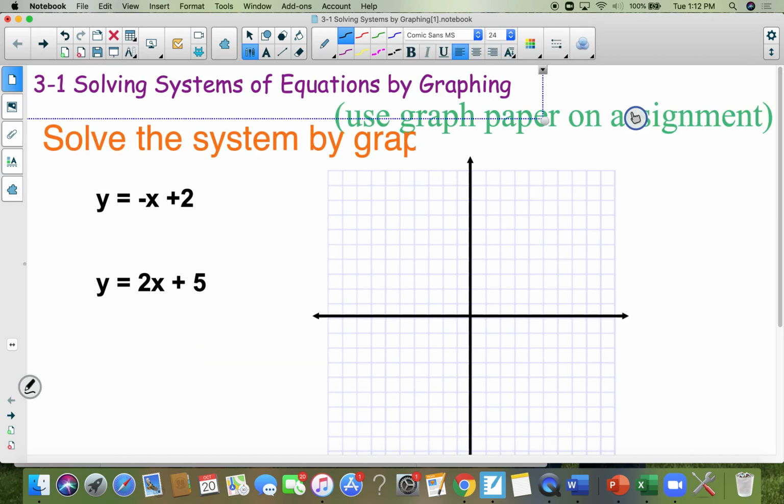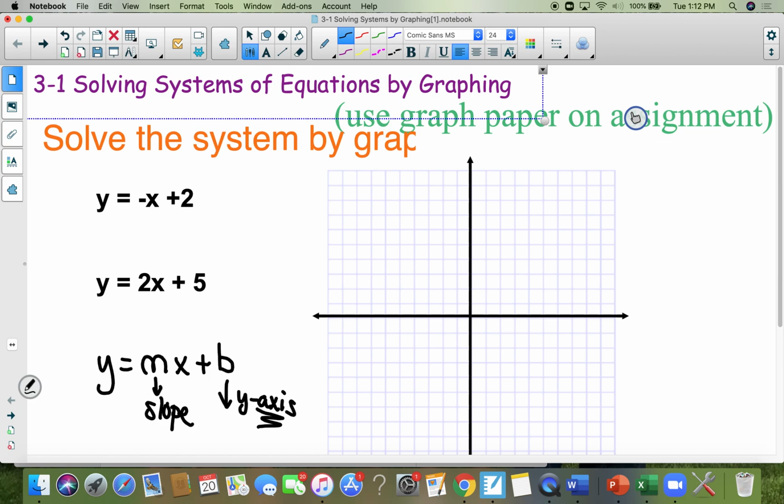And number one. You are going to graph both of these, and remember, y equals mx plus b. This is where it crosses the y-axis. You always put your first dot on the y-axis first, and then this is how you get another dot, by using the slope.